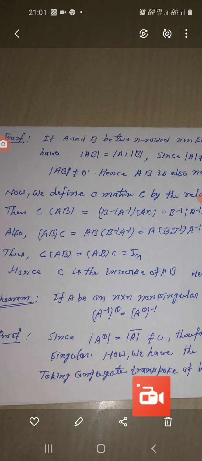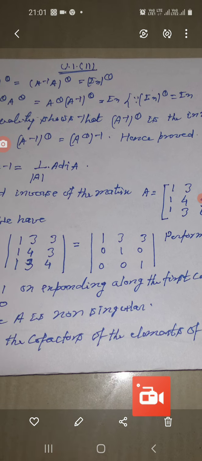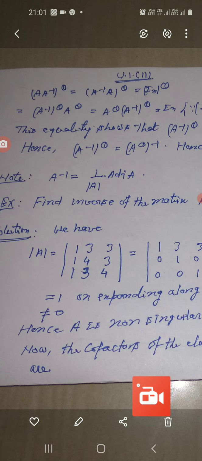Now we take the conjugate transpose of both sides, we get (A inverse A) theta equal to In theta, and this may be written as A theta into (A inverse) theta, which is equal to In, and similarly (A inverse) theta into A theta is equal to In. Since In theta is equal to In.